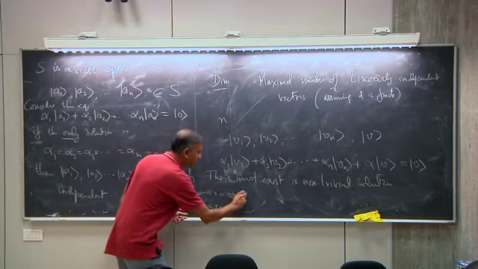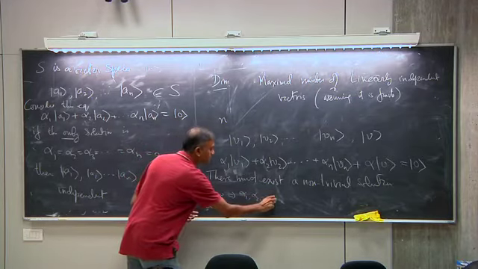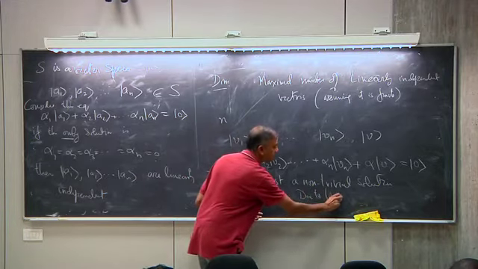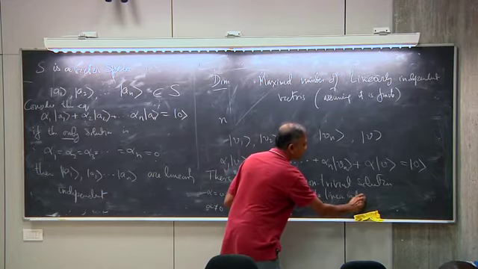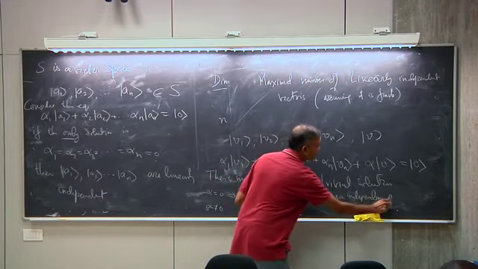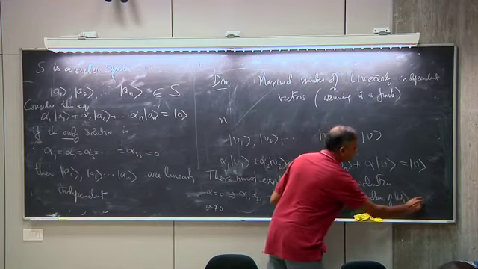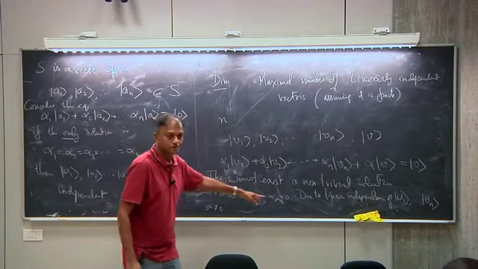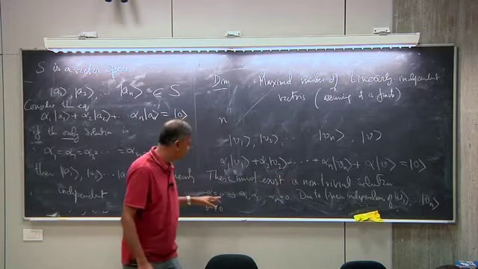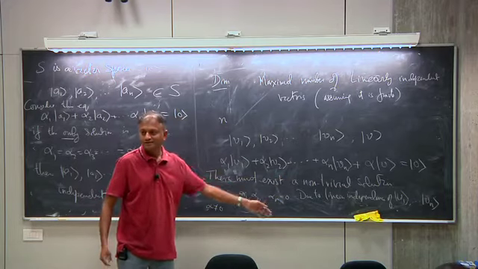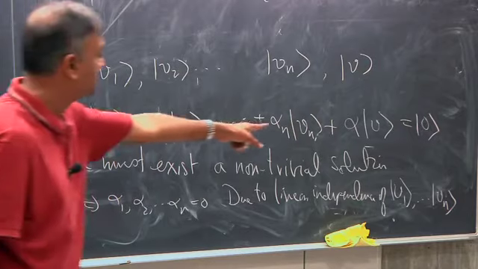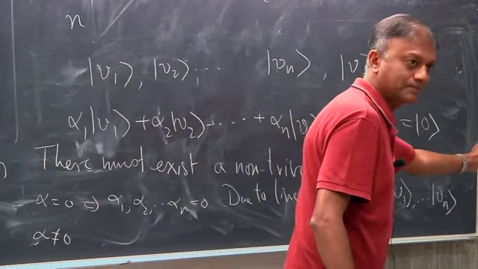This would imply that everything is 0 due to the linear independence of v1 up to vn, which is assumed. That would mean this is a trivial solution. So for any non-trivial solution, alpha has to be non-zero. And if alpha is not 0, then I can just take this to the other side, right?